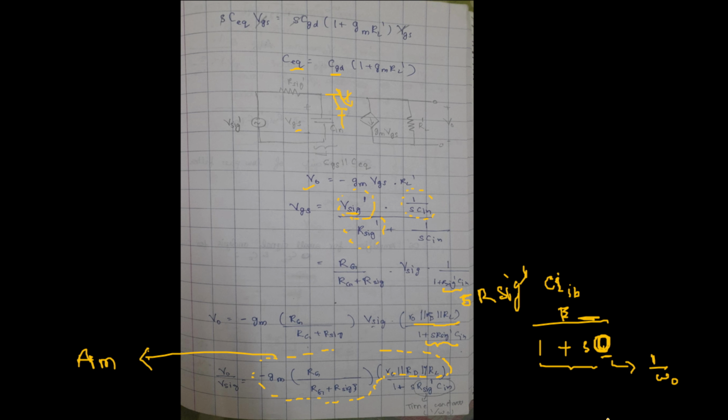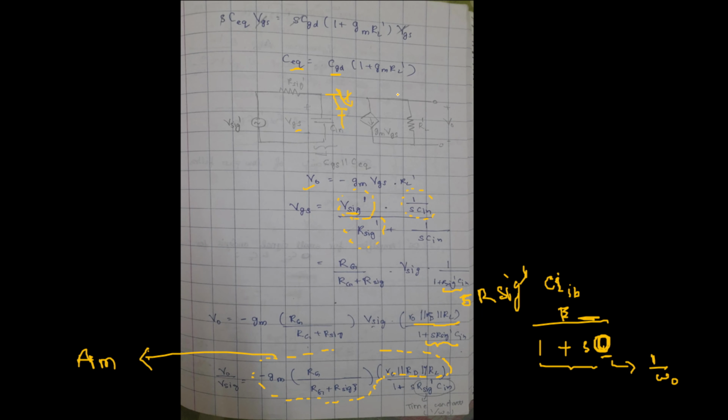Okay, so now we can write, like I mentioned, the coefficient of S is 1 by omega naught, which is R signal dash into the input capacitance. So we have omega naught is equal to 1 by R signal dash into input capacitance. So finally, like I mentioned, this whole expression here can be written as AM into 1 divided by 1 plus S by omega naught. Okay.